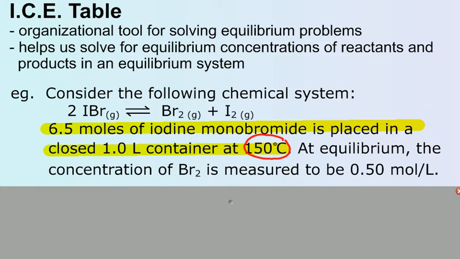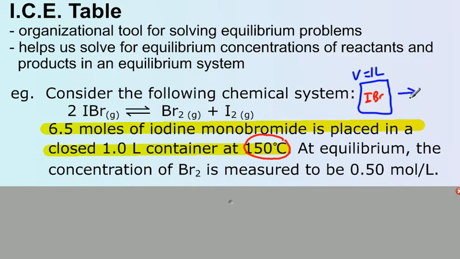So you can imagine a closed container, and we're placing some IBr inside that container, 6.5 moles. The volume of the container is 1 liter. And when we leave that iodine monobromide in there, it's going to decompose.